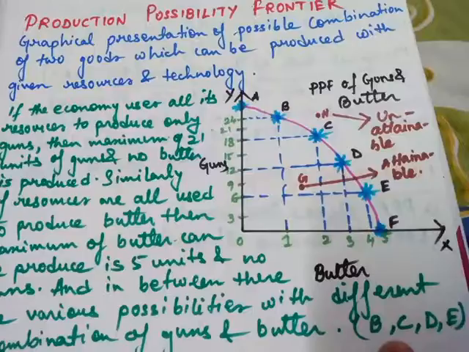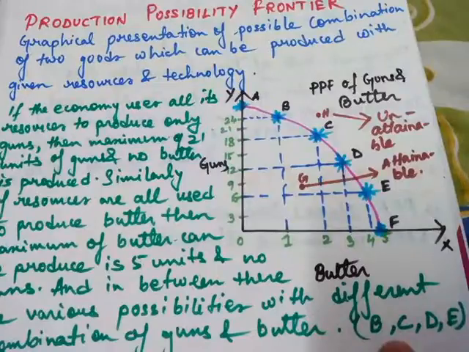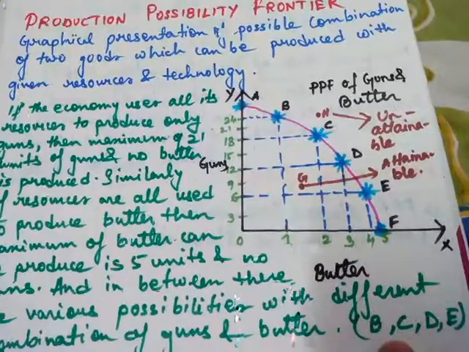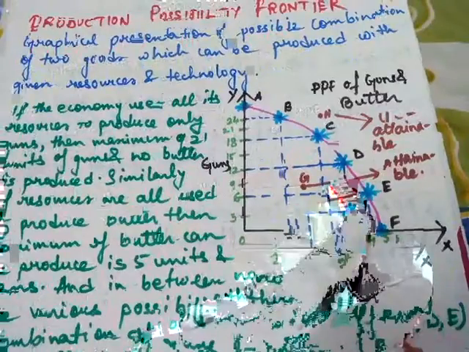Now any point which is inside this production possibility curve is attainable. Inside, this is the boundary of what? Limited resources. With that limited resource, this is the area in which you can produce these two goods.